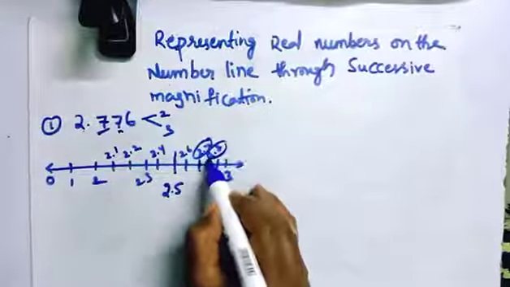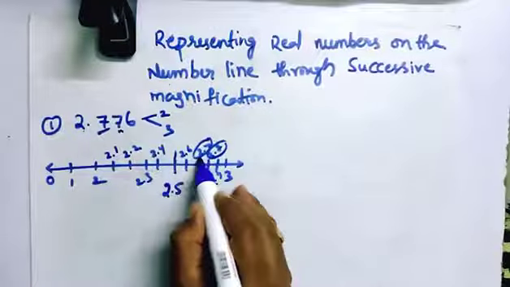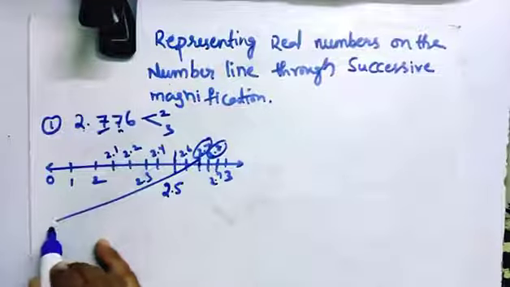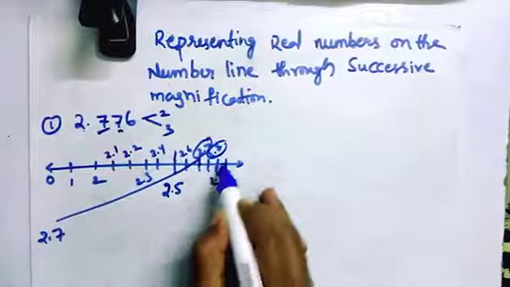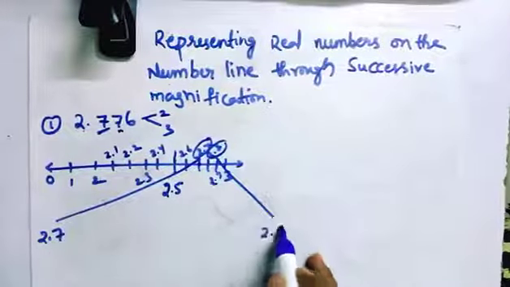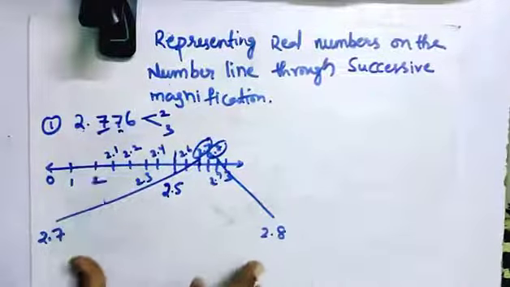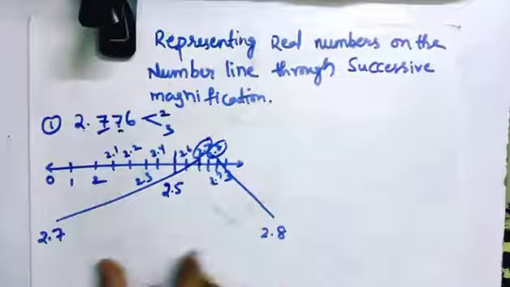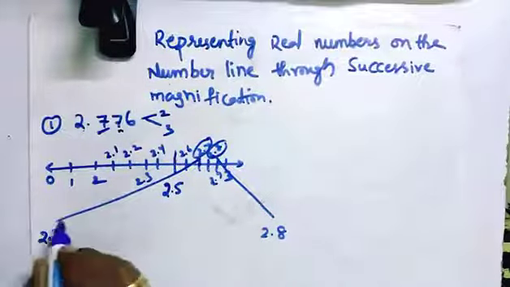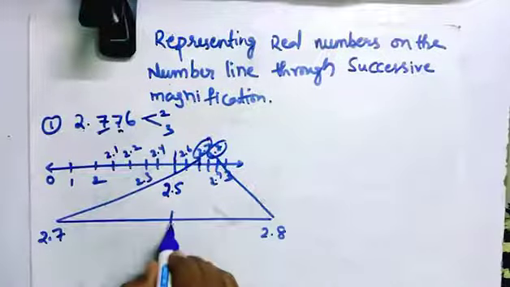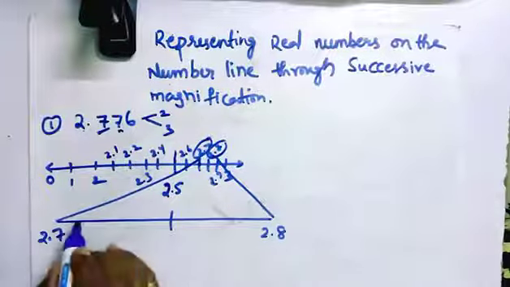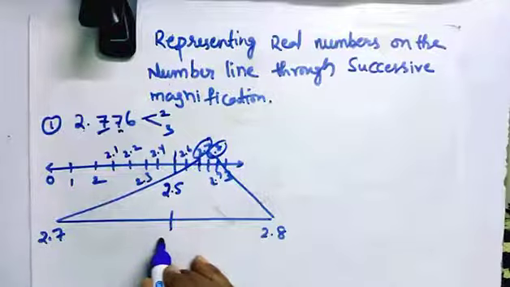Now we need to focus on 2.7 and 2.8. We need to expand this 2.7 and 2.8. Why? Because 2.77 lies between 2.7 and 2.8. Again we need to take 10 millimeters.